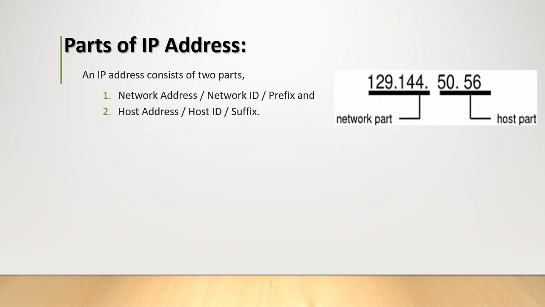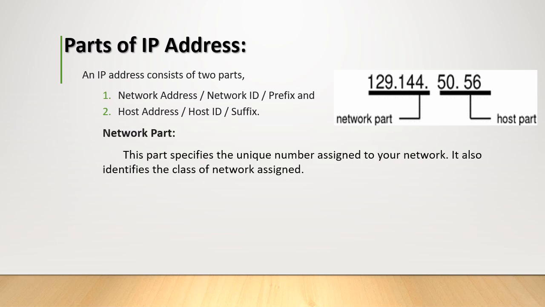This address belongs to class B, and I will let you know why in an upcoming slide. In class B, 129.144 is the network ID and 50.56 is the host ID. We can also call them by different names. Network ID is also called the prefix or network address. Host ID is called the host address or suffix.